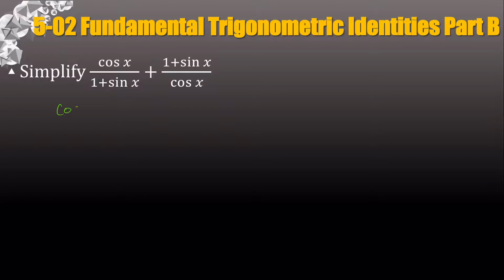So if I multiply the first one by cosine, and the second one by 1 plus sine, we'll have that.